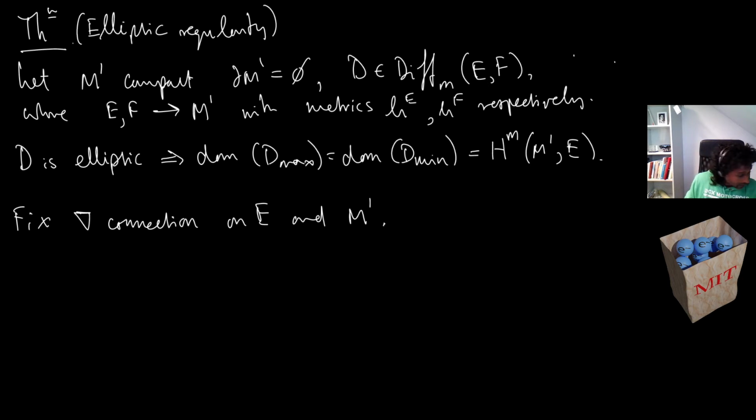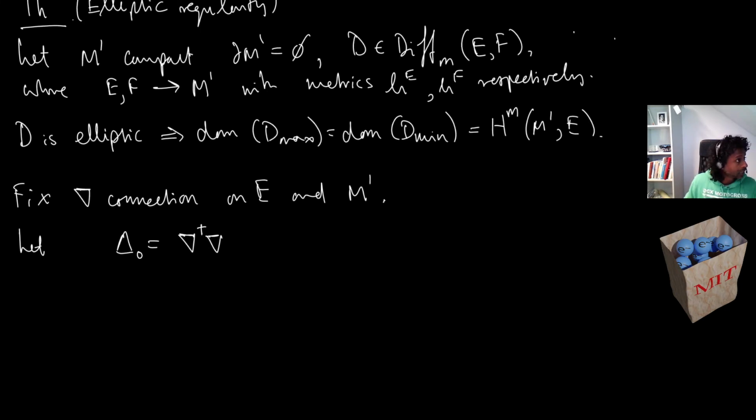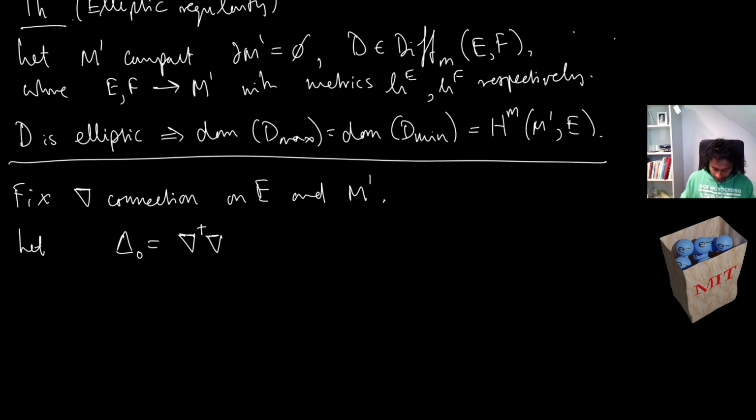And then let lambda naught equal the formal adjoint composed with the connection itself. No, this is not a proof. This is the end of the statement of the theorem. This is not a proof, this is a construction.